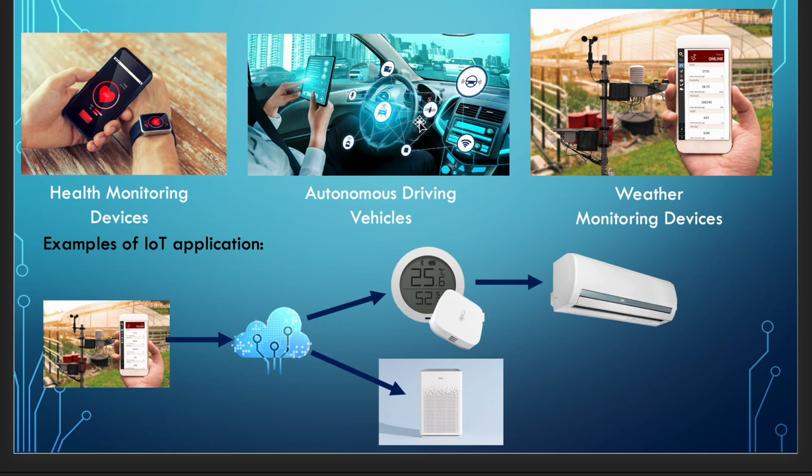You can unlock your vehicle through your smartphone as well. So all that information will be displayed through the screen of your smartphone. All the information on your weather monitoring, your live feed of your weather monitoring, you can see it on your screen as well.